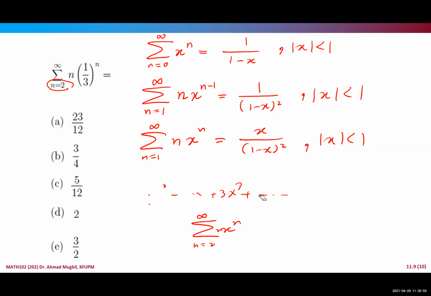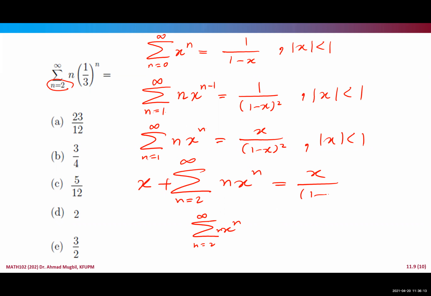So we will write the first term of this series, which is x, plus the sum from n equals 2 to infinity of n x to the power n, which equals x over (1 minus x) all squared. This is valid also for the same interval.